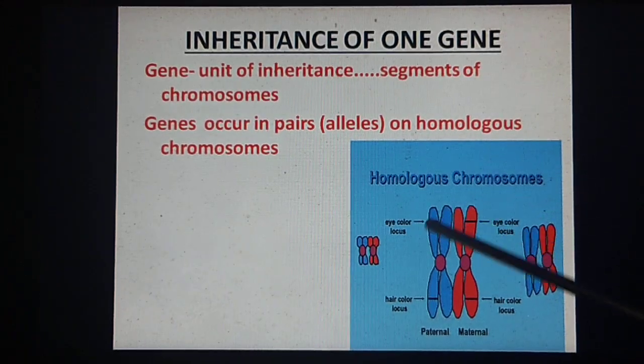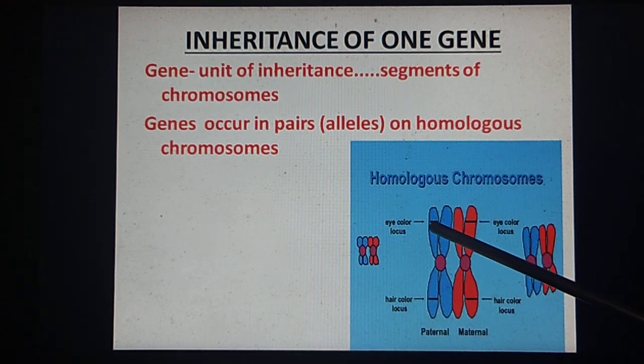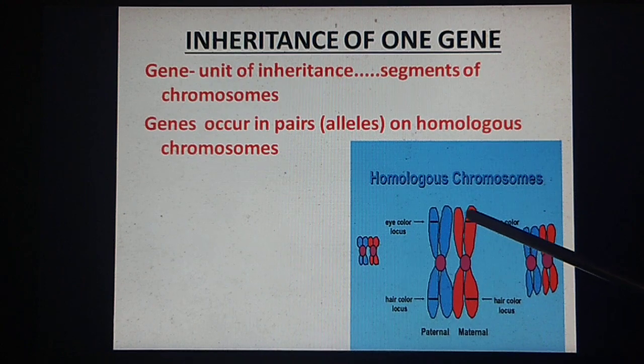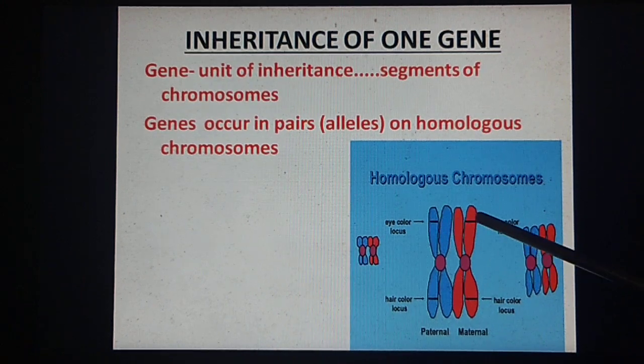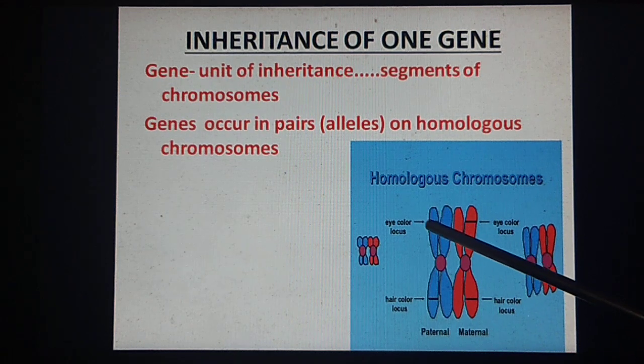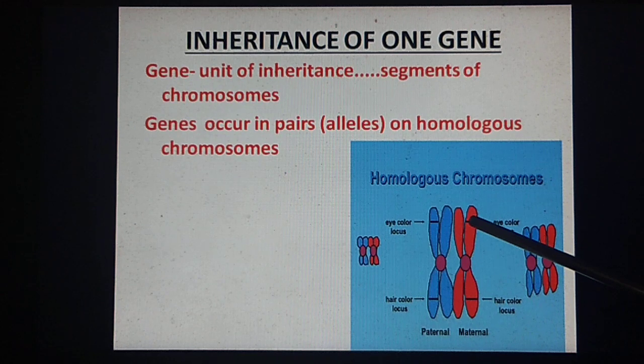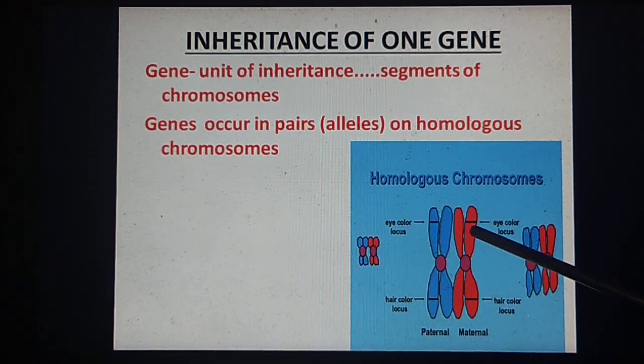Genes or alleles are present or located at one particular point or locus on both the chromosomes, but they have variants. For example, here the eye color is located at one particular position. At the same place, the eye color chromosome segment is located at that particular point on the other chromosome.